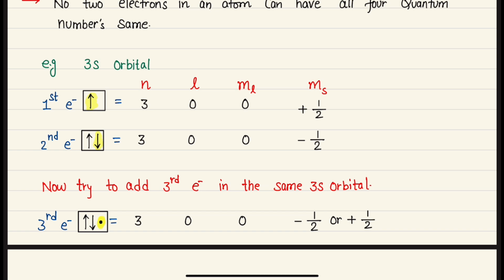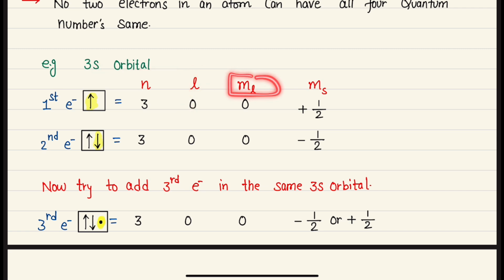So first fill the first electron, and for it we can write all four quantum numbers. Because this electron is present in the third shell, n equals 3, that is the principal quantum number, and l means azimuthal quantum number, and for the s atomic orbital, the l value is 0, we know this, right?